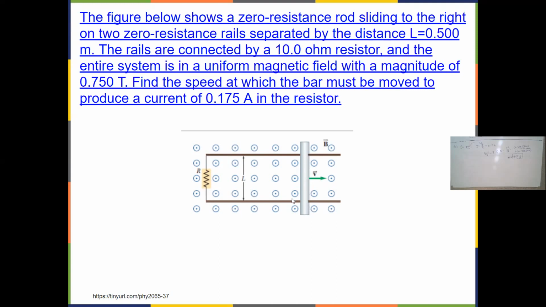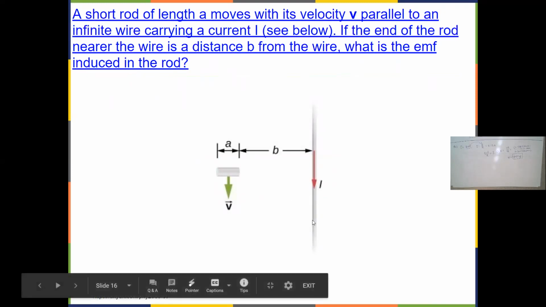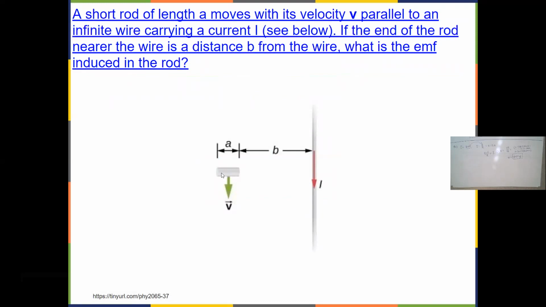In this problem, you have this rod that is moving in the magnetic field produced by this current carrying wire. But you will only have induced EMF for the rod, and it's not used to power any circuit. So you only have induced EMF, you will not have induced current.